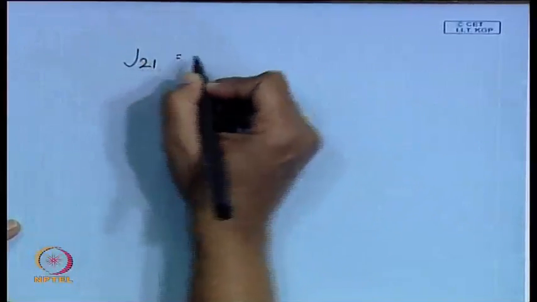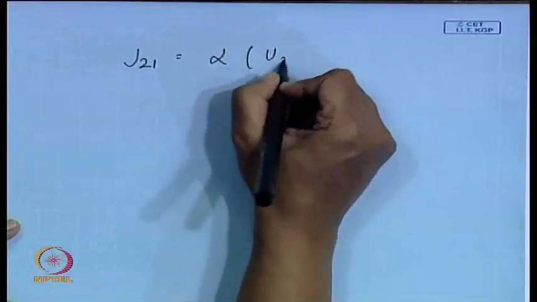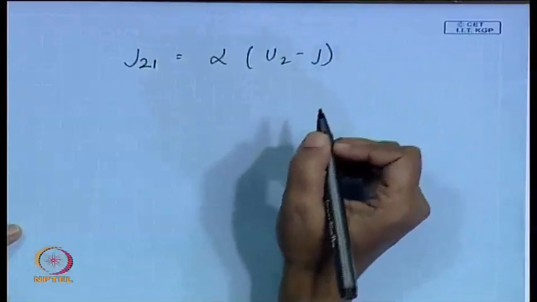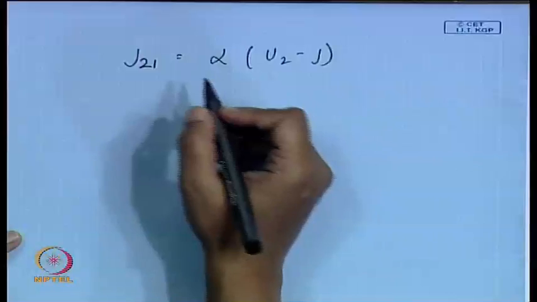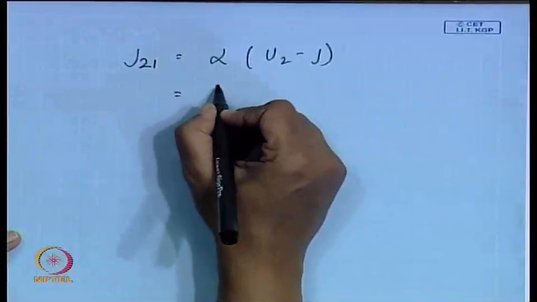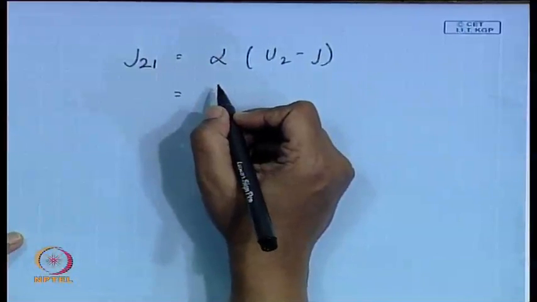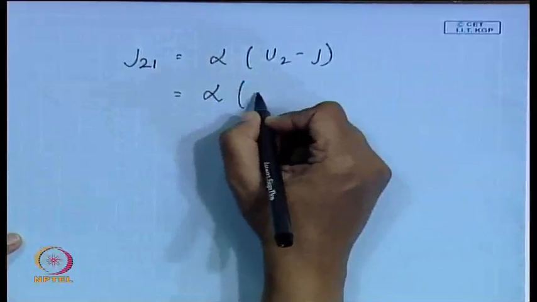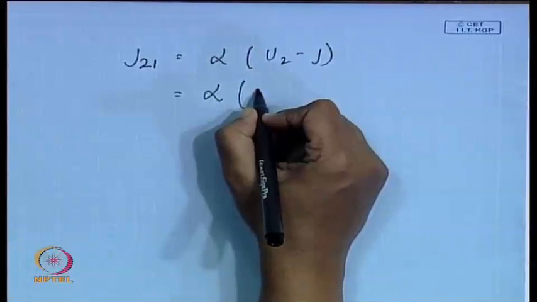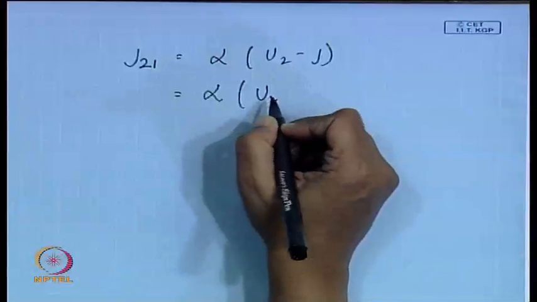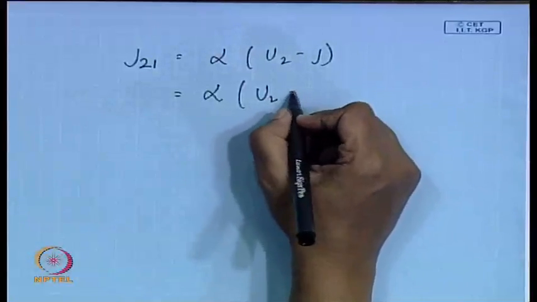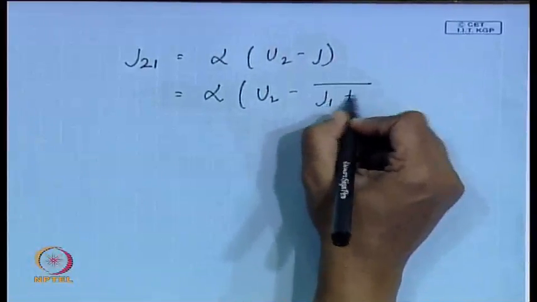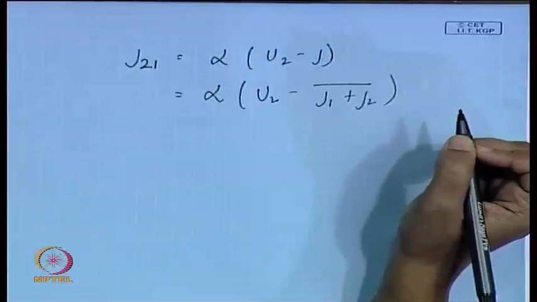So, starting from the basic definitions, please remember we will always be starting from the basic definitions and then proceeding. So, what does this give us? This gives us alpha into U2 minus J1 plus J2, right.